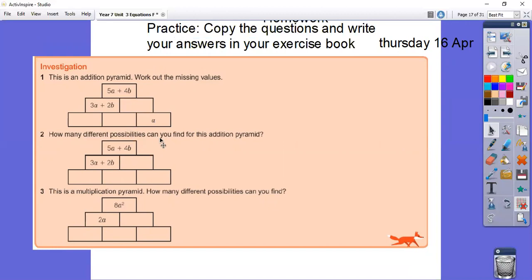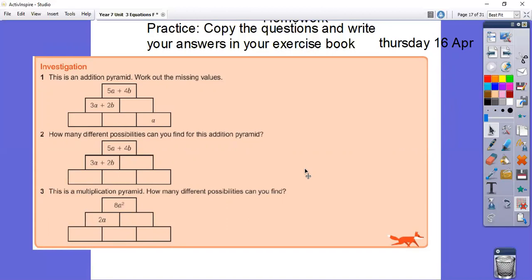How many different possibilities can you find for this addition pyramid? However many different ways can you put different terms in here to give you this final result? And this is a multiplication grid. How many different possibilities can you find? In which different ways can you fill in these bricks, so that when they're multiplied all the way up to the top, they give you 8a squared?